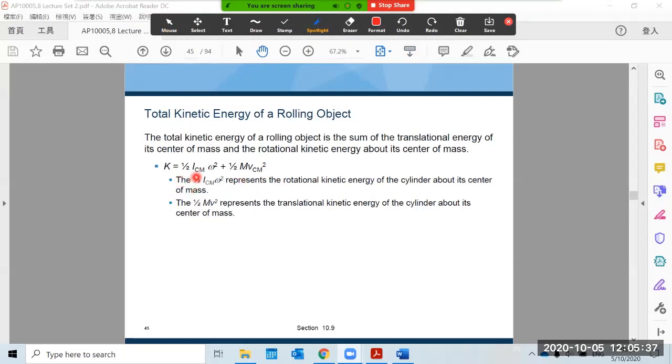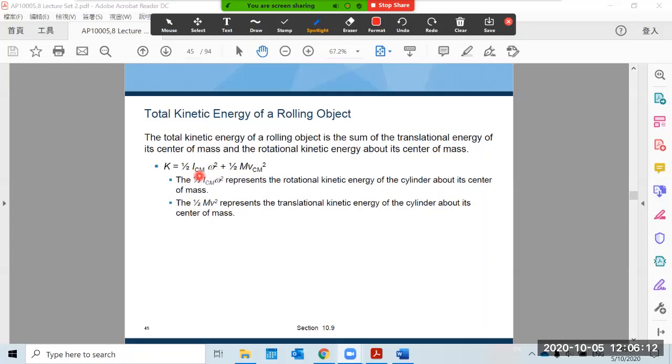So that is why you would have the total kinetic energy equals to 1/2 m v(cm) squared. That is the linear kinetic energy due to the linear motion for the center of mass, and 1/2 I(cm) omega squared. That is due to rotational kinetic energy for the object rotating about its center of mass.